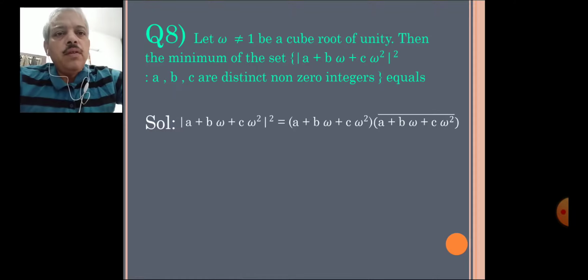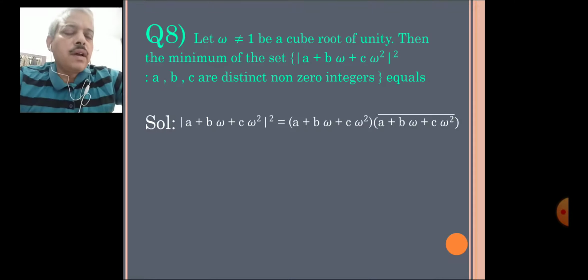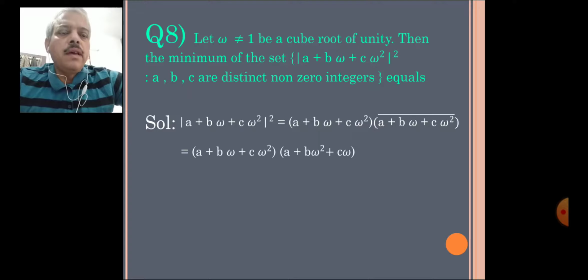Modulus of a plus b omega plus c omega square whole square is equal to z into z bar. So we will write this, and now the conjugate of a plus b omega plus c omega square, we will write it separately, and it will be a plus b omega plus c omega square into a, conjugate of a will be a, conjugate of b omega will be b times conjugate of omega, and conjugate of omega is omega square.